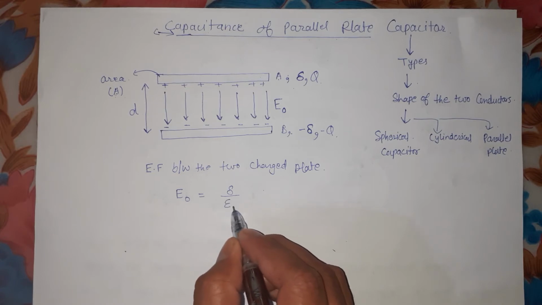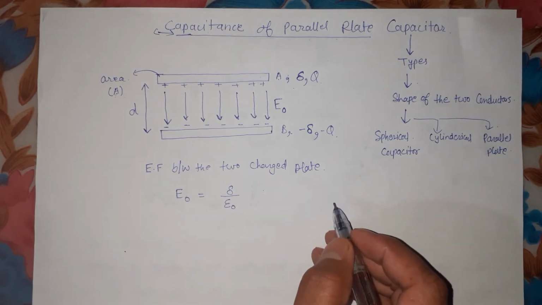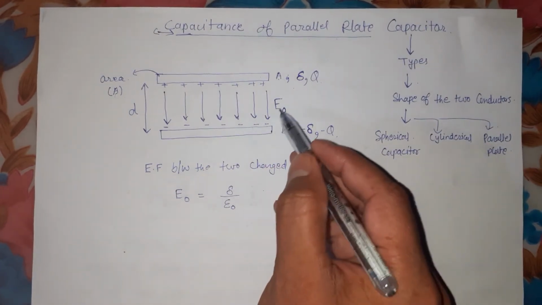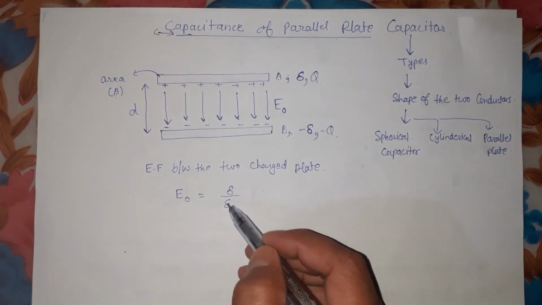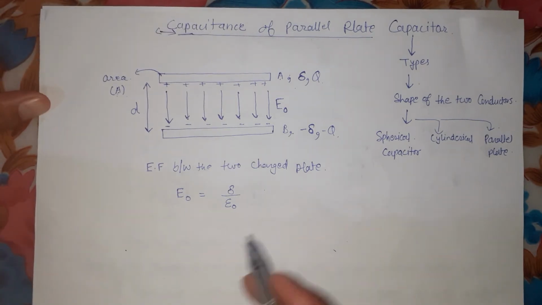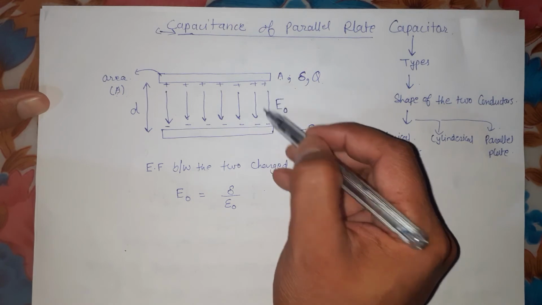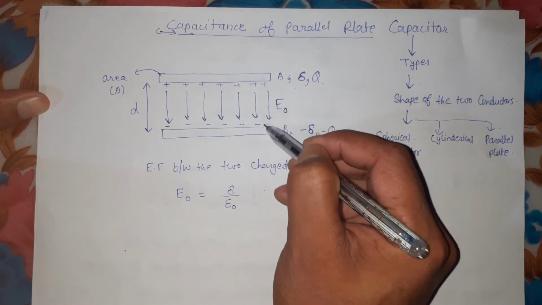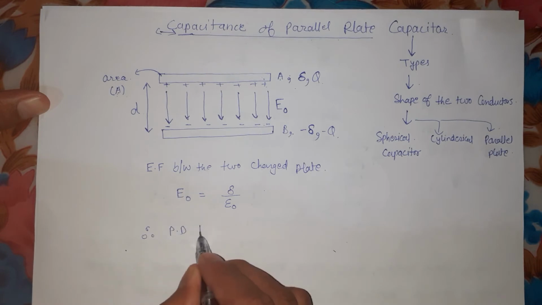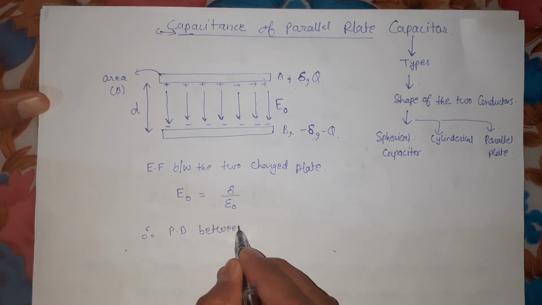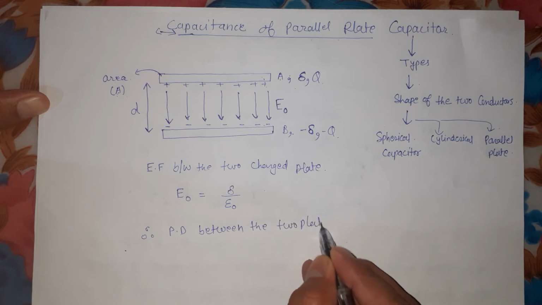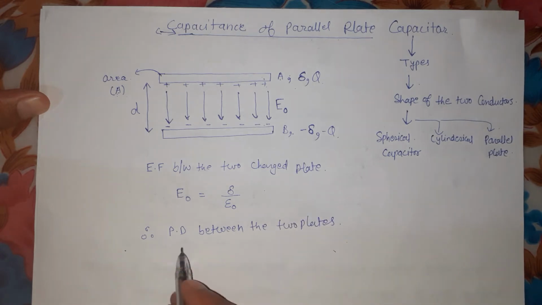We have this from the Gauss relation: the electric field between the plates is the surface charge density sigma upon epsilon naught. Now, how much is the potential difference between these two plates? So how much is that one, student?